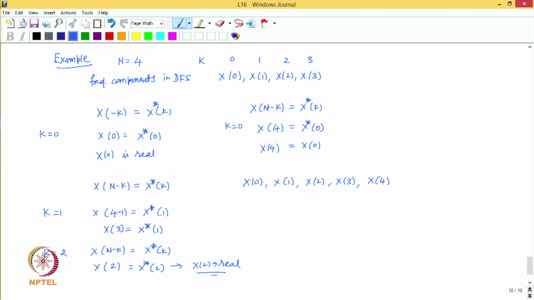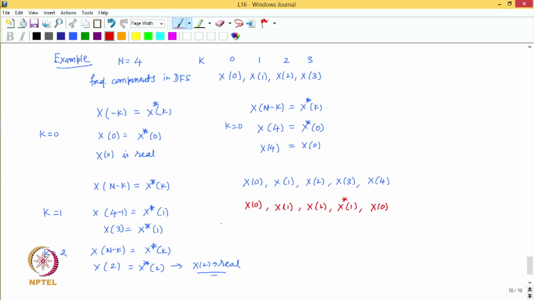So, if you use the results we got, this is nothing but x0, then x1, and then we have x2, and then x3 is nothing but the complex conjugate of x1, right. So, I can replace x3 by x1 star, and x4 is nothing but x0. So, I get this, right. Therefore, what we see from here is that the spectrum is symmetric.